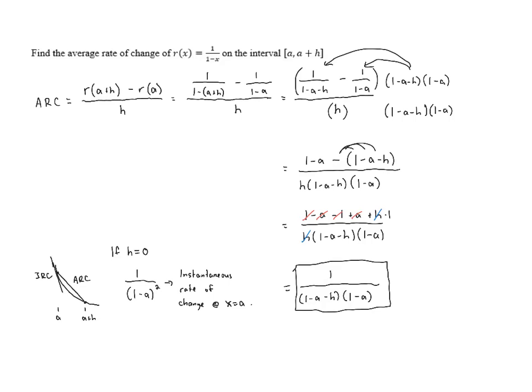And that's very useful because we might want to know the instantaneous rate of change for 8 different points, or if we're looking at speeds, we might want to know the instantaneous speed at any given moment. And here we can just plug in any value for a, and that will give us the instantaneous rate of change at that moment.